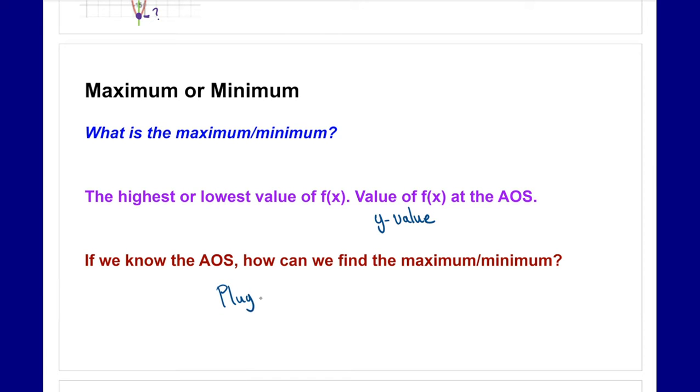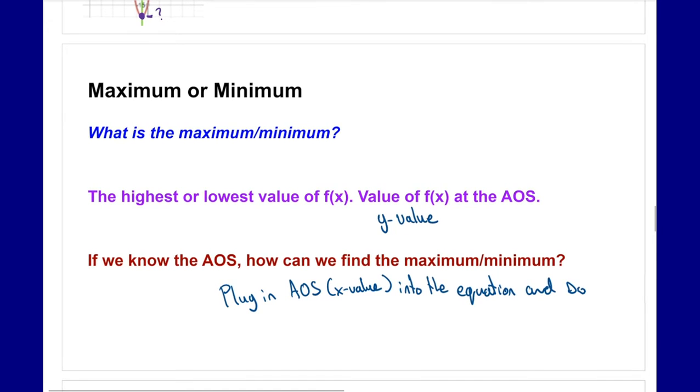So plug in the axis of symmetry, the AOS, or we can just say the x value, into the equation and solve for y. That x value that we found, we're going to take it and plug it into our equation and solve for y.